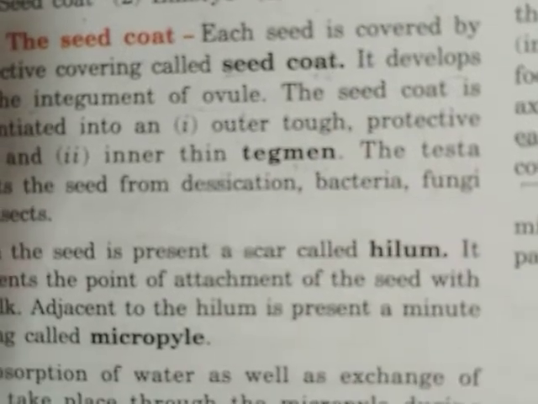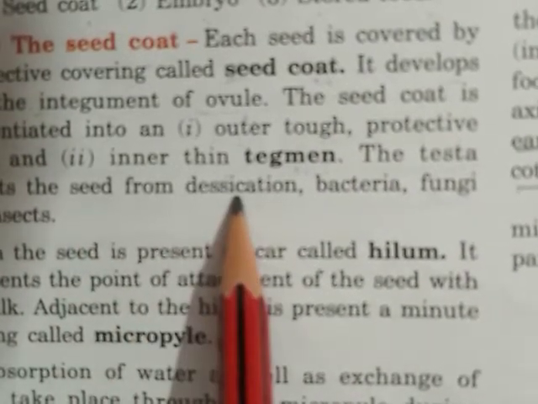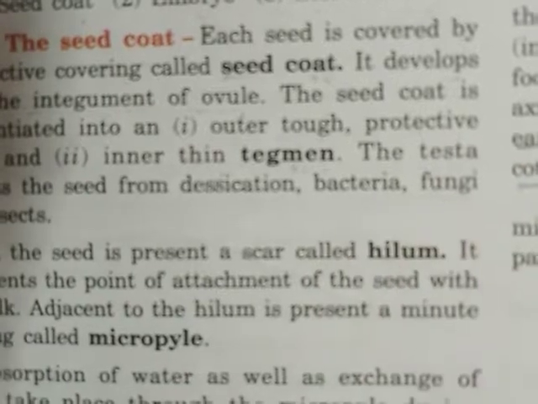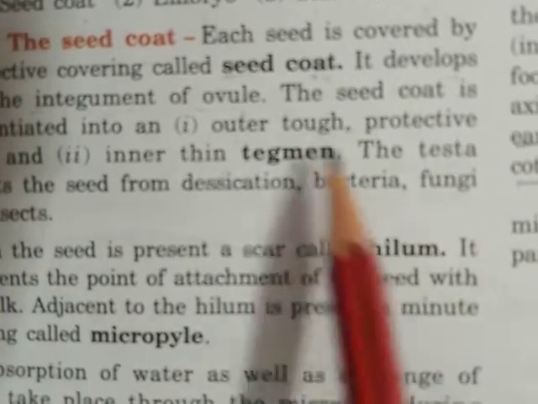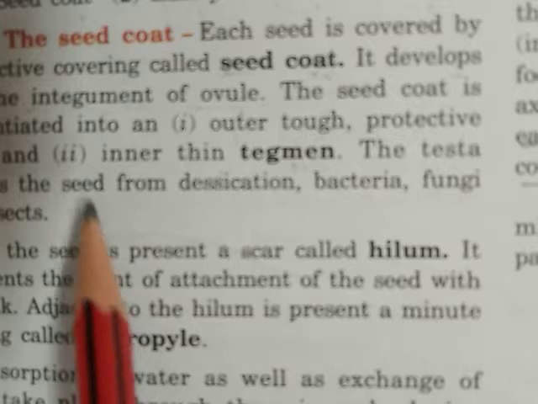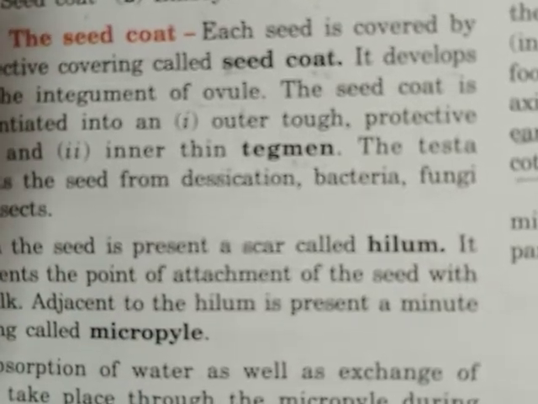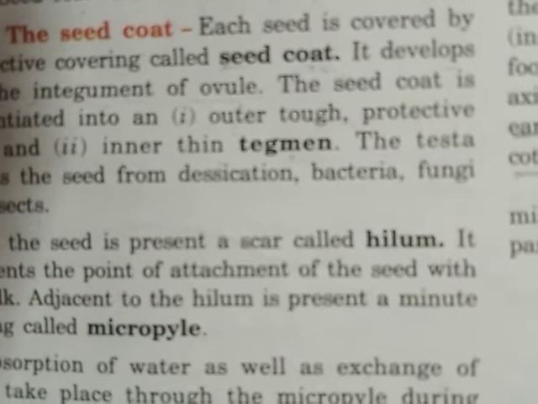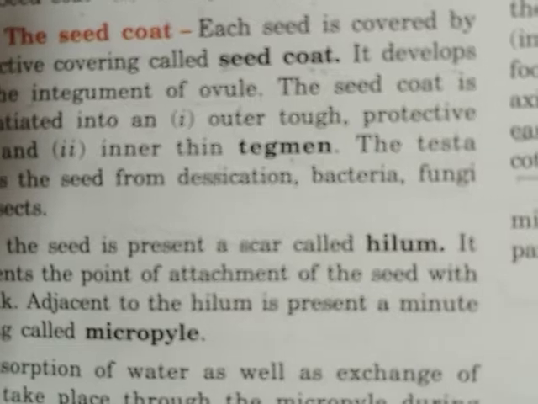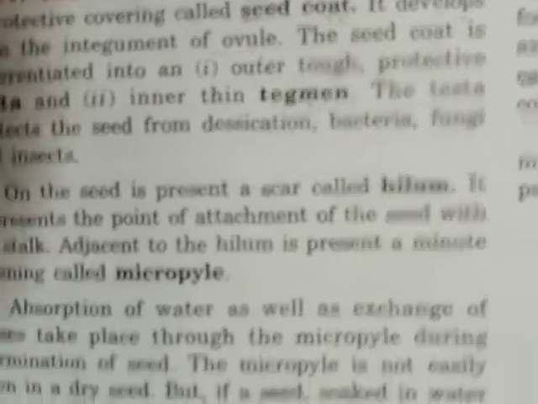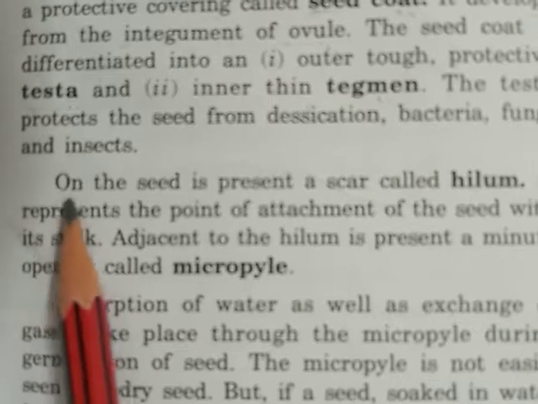The testa protects the seed from desiccation, bacteria, fungi, and insects. So the function of the seed coat, or the function of the testa and tegmen, is to protect the seed from bacterial infections and insects.